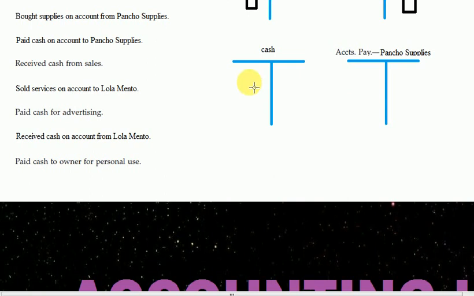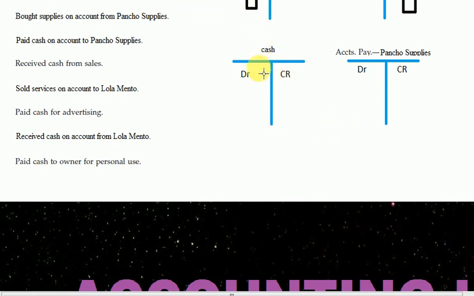Again, it is a good habit to always put DR and CR: debere, credere, truly Latin. It's good to remind myself, debit to the left, credit to the right. Very good. Now you pay cash. What happened to your cash? You have less cash, of course. When you pay cash, you have less cash.